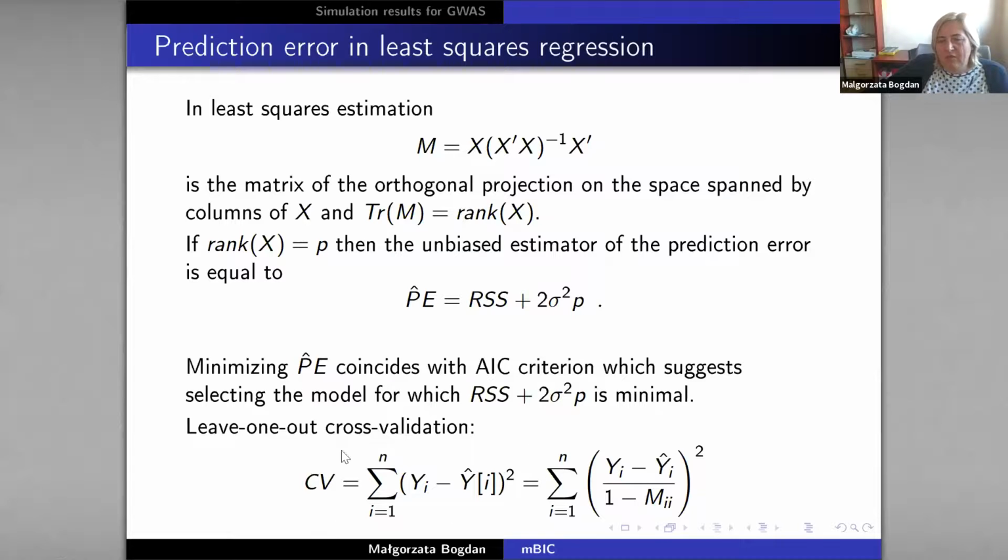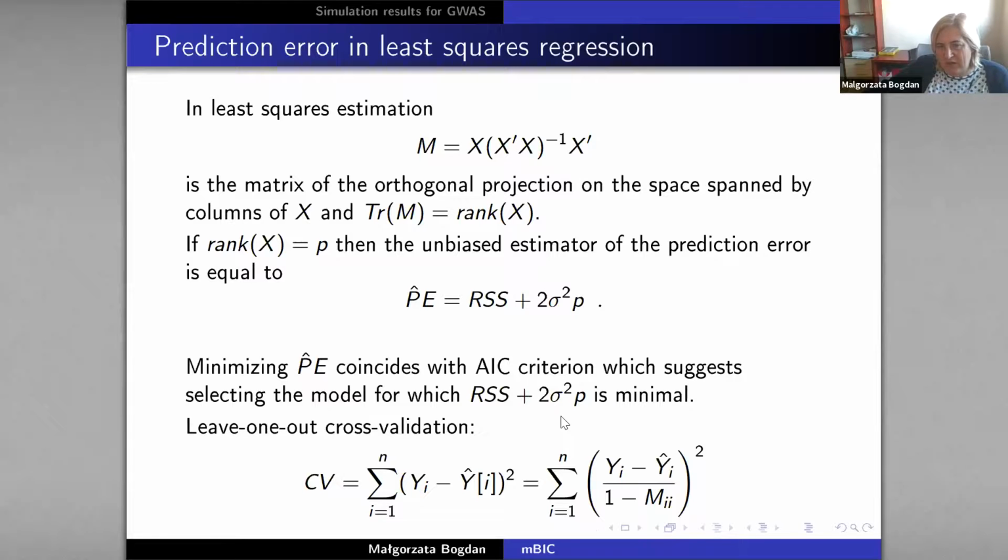In leave-one-out cross-validation, you take one observation, remove it from the training sample, fit the model on all the remaining ones and try to predict this one. So y hat i is the prediction made using the whole sample without this specific observation. For this one, there is a closed-form formula which does not require repeating the regression many times. This is just to let you know, and I'm going to concentrate on model selection criteria.